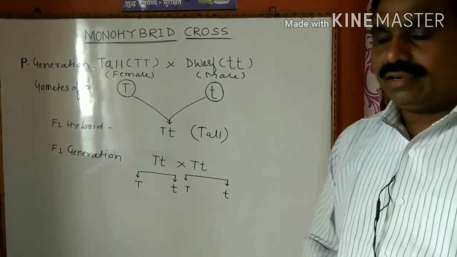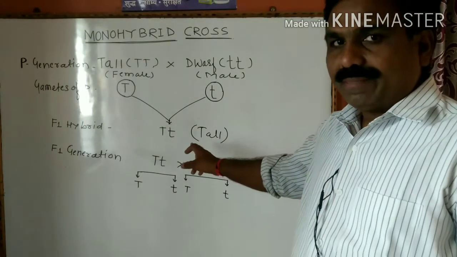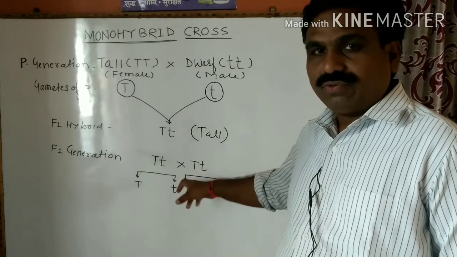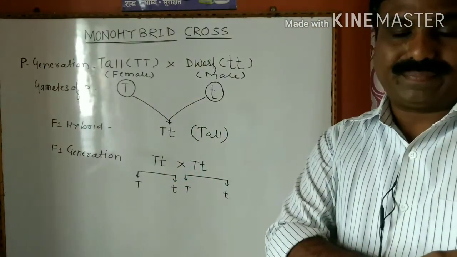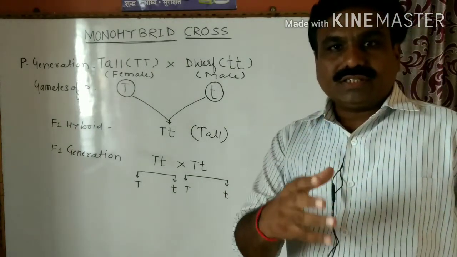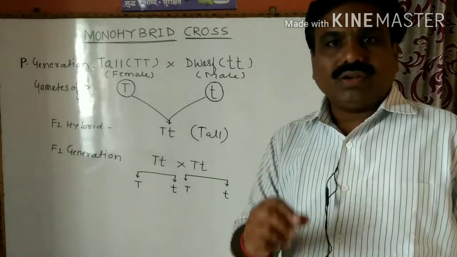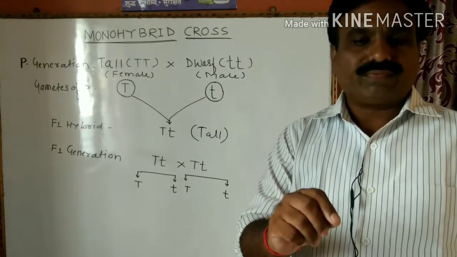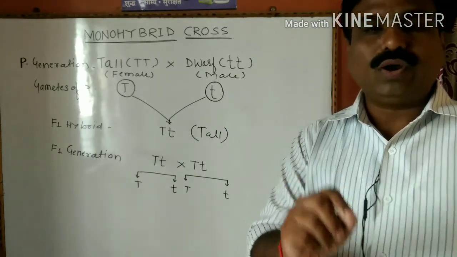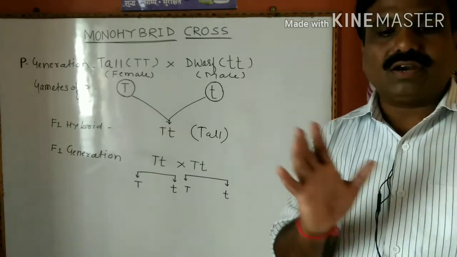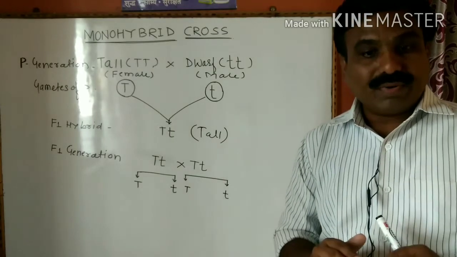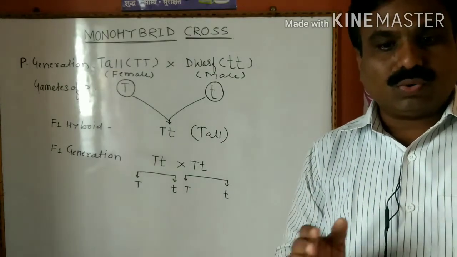The character not expressed in the F1 generation reappeared in the F2 generation. He thought it might be due to female dominance, that tallness was carried with the ovules.